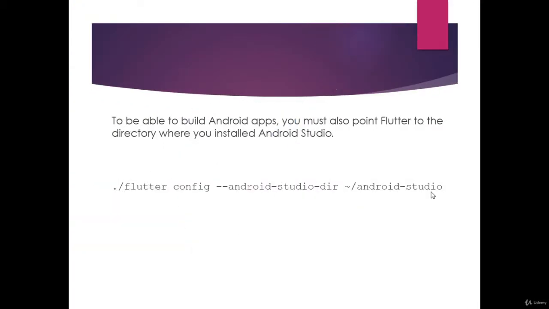So to be able to build Android apps, you must also point Flutter to the directory where you installed Android Studio. So this is the command that you can use. You can type or you can copy paste it in your console in order to build and run Android apps after pointing Flutter to this directory.